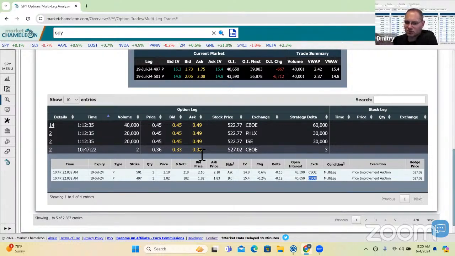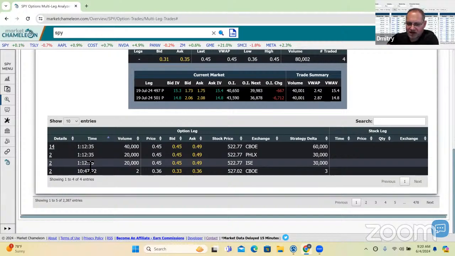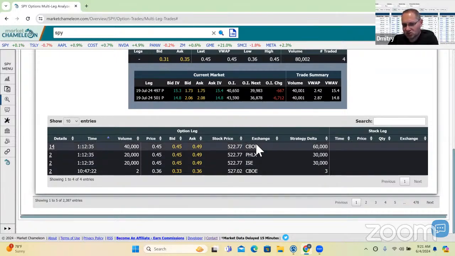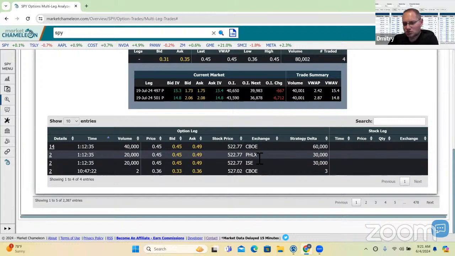And then you could see at 1:12:35, let me just close this up. At 1:12:35, it traded 3 times. So 3 times it traded at the same time. What is it 3? Well, you could see here that it traded on 3 different exchanges. 40,000 of those contracts were on the CBOE. The next one, 20,000 were on the Philadelphia Stock Exchange.